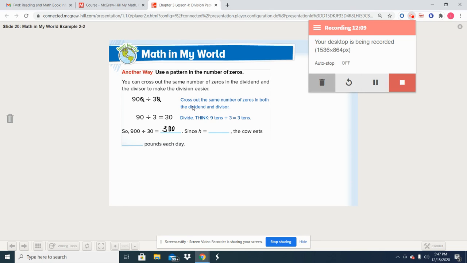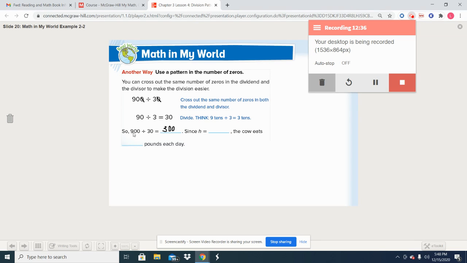So if I were to cross out a 0 in the number 900, I would also have to cross out a 0 in the divisor. So it'd make it 90 divided by 3. 9 divided by 3 is 3. Then just adding this 0 would make it 30.